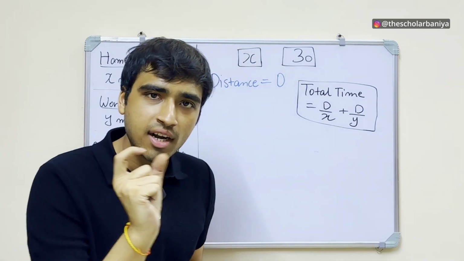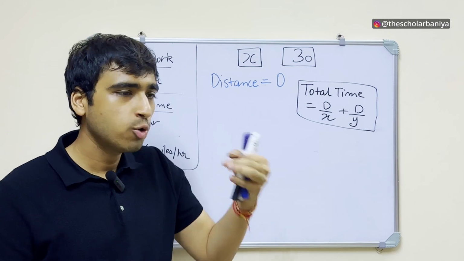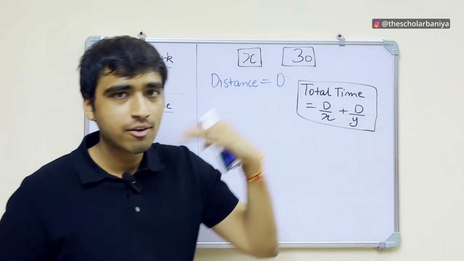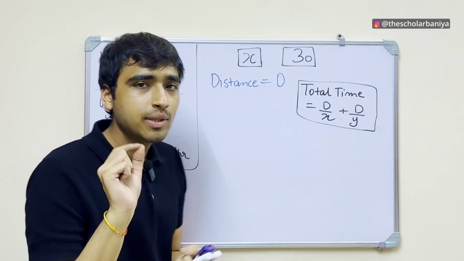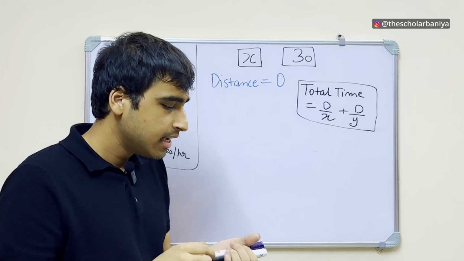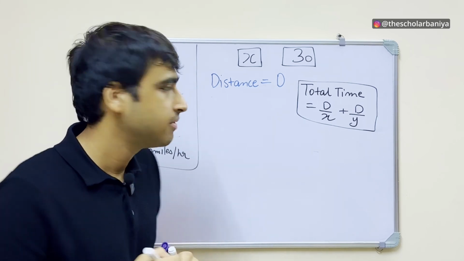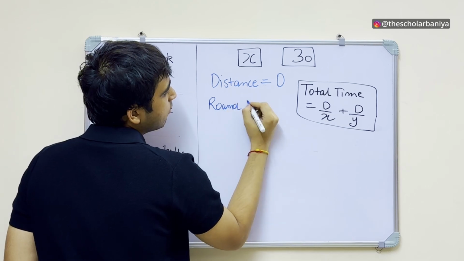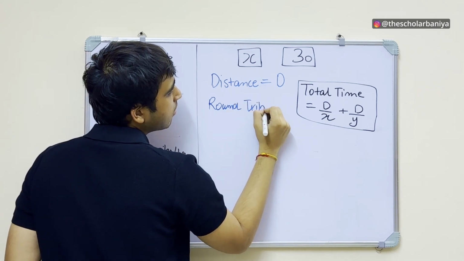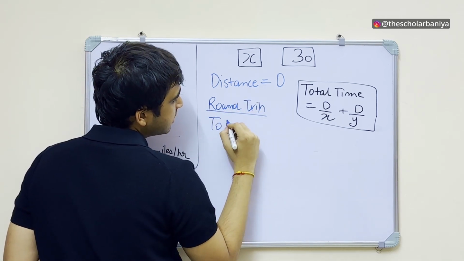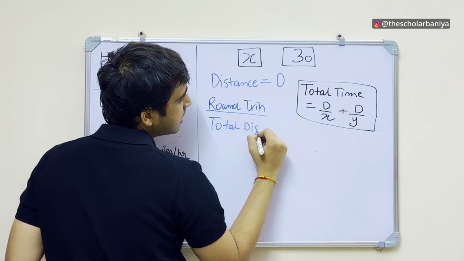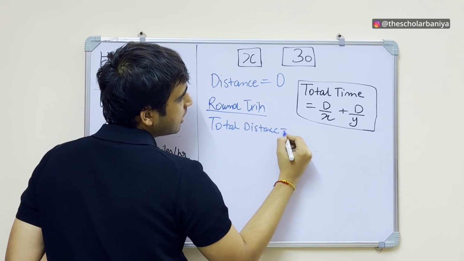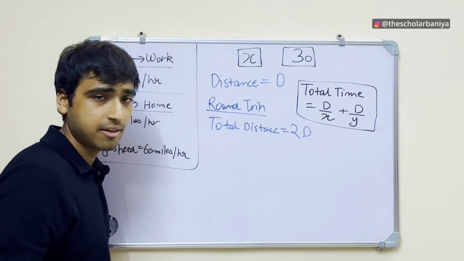What does entire trip mean? Entire trip means going from home to work and coming back from work to home. So for the round trip, the total distance is 2D.